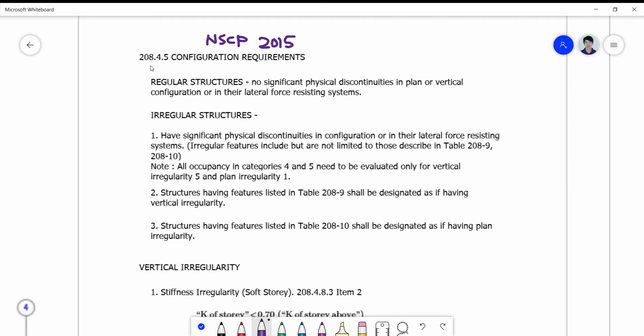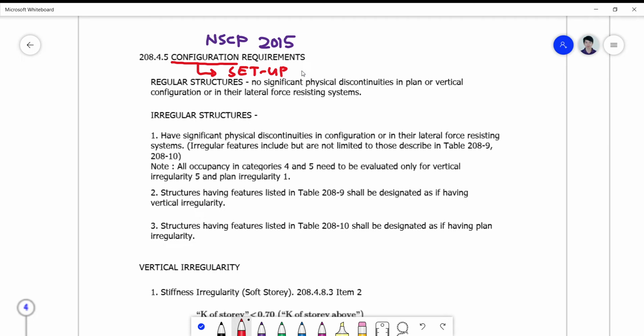Okay, so we talk about configuration requirements. When you're talking of configuration, you simply mean the setup, how the building is actually made in such a way as to deal with the earthquake resistance behavior or concept.